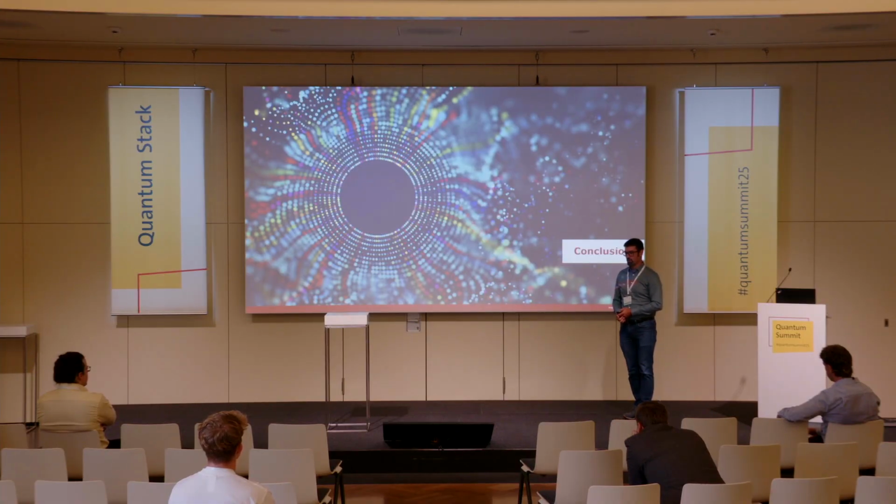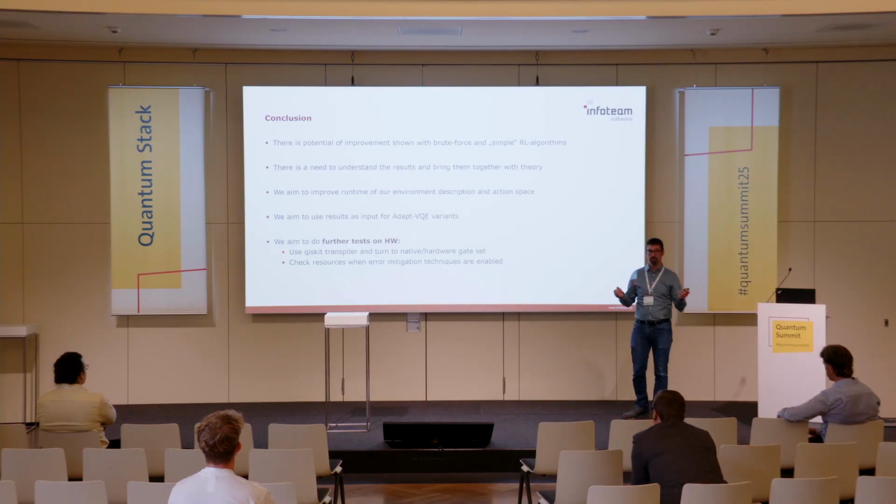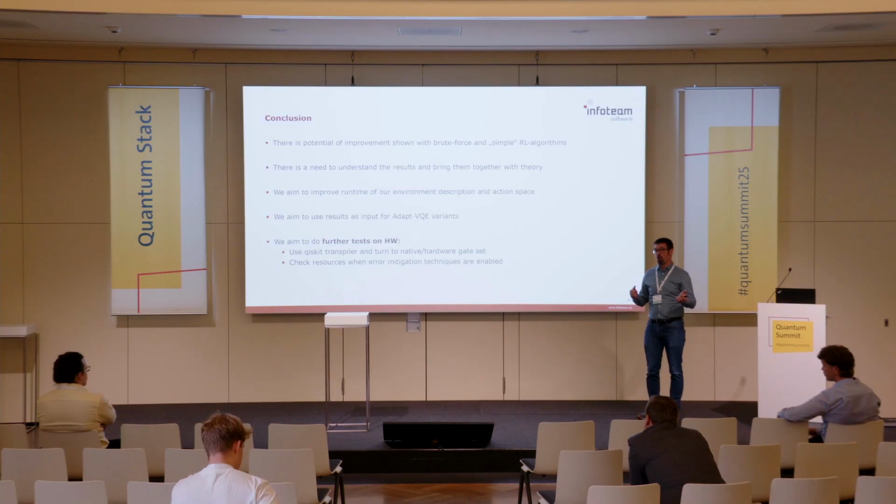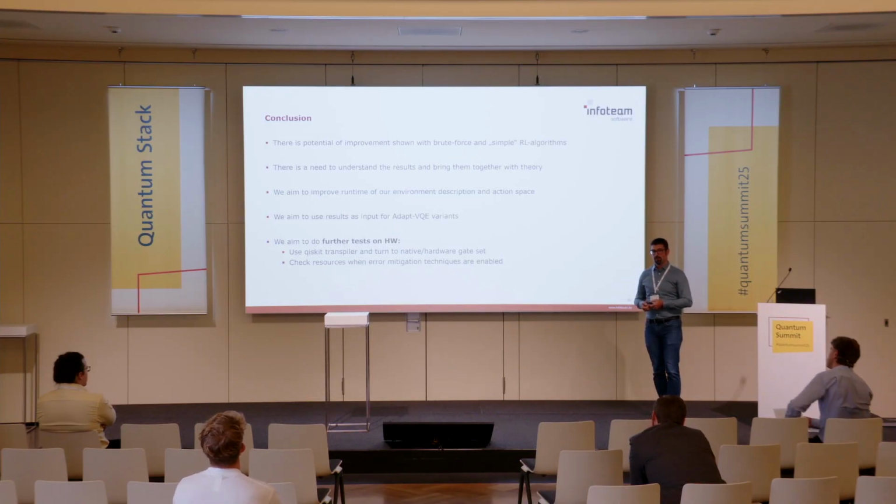Let's come to a little conclusion. We found out that there is huge potential for improving the general UCCSD ansatz and adapting it to the molecule that you have. We can simply do this by brute force or by a simple reinforcement learning algorithm.